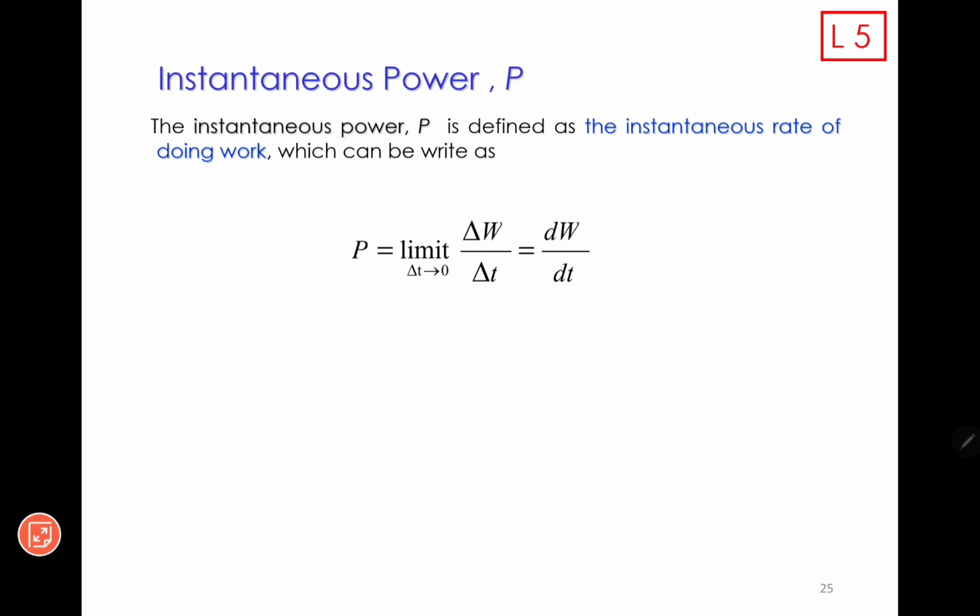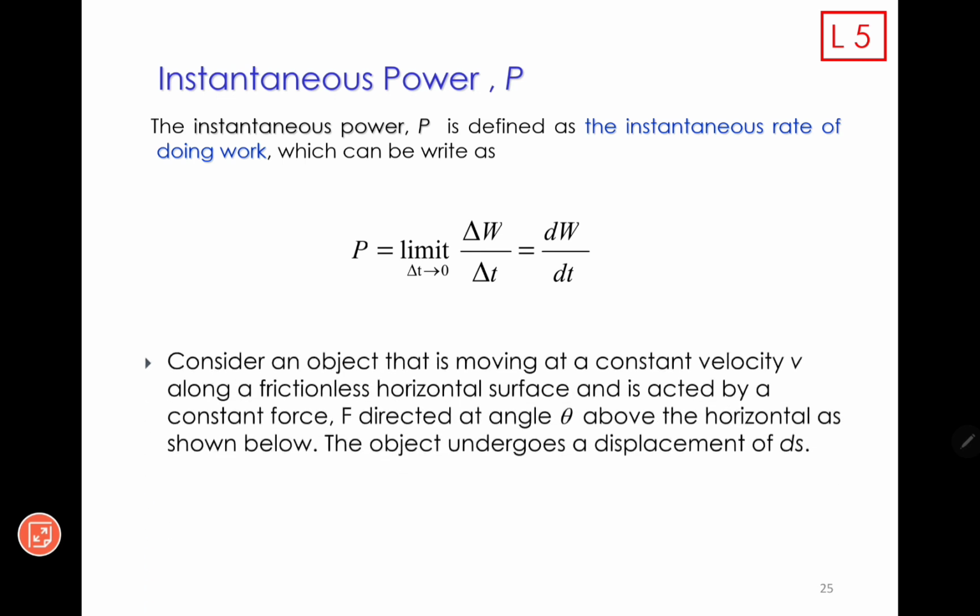Alright, so remember, there is no change in time, because delta T approaches 0. So we are talking about a specific or particular time. That is why we call it instantaneous. Alright, we just refer to a certain or particular time.